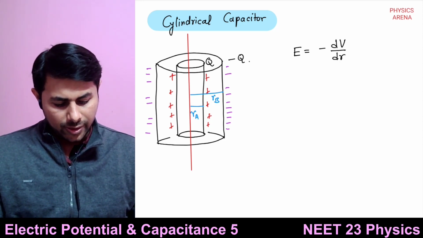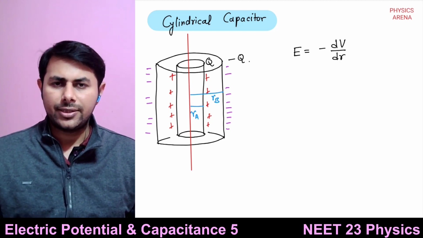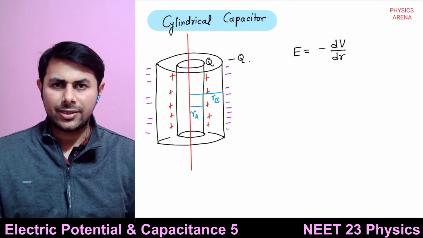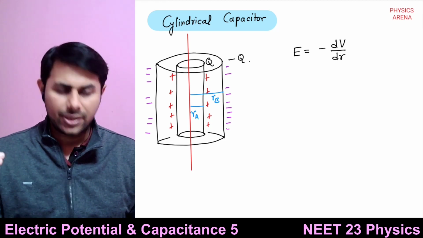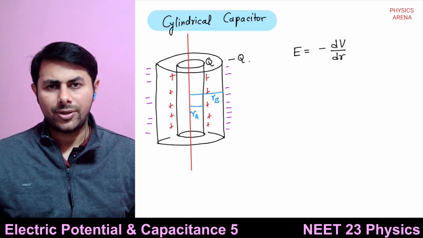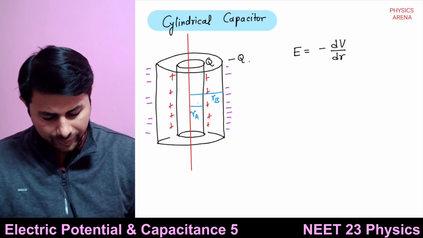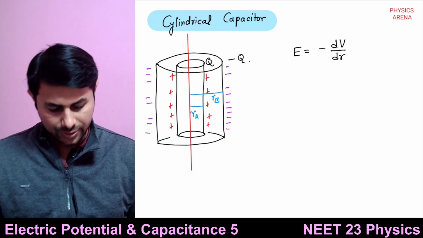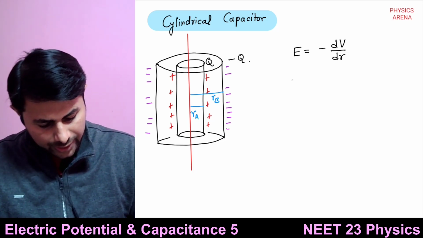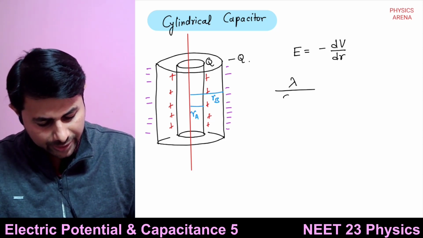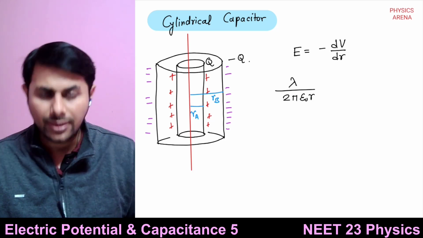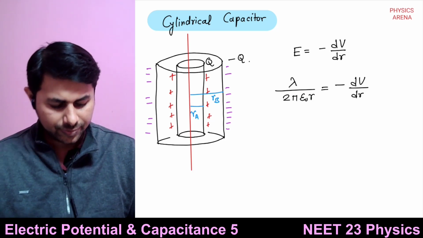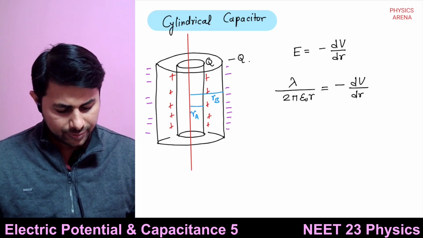And the electric field due to that charged wire is lambda, the linear charge density, divided by 2 pi epsilon naught r. What is r? r is the distance of the point from the center. So E is equal to lambda divided by 2 pi epsilon naught r, and it is equal to minus dV by dr, right?